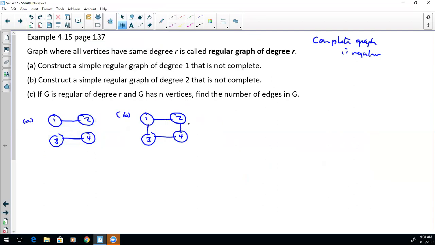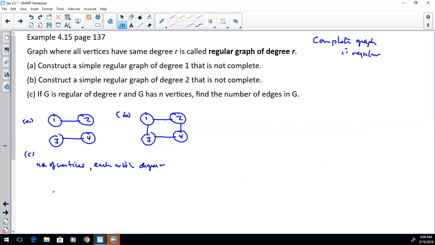Now finally, part C is if G is a regular graph of degree R and G has n number of vertices, find the number of edges. So n number of vertices, each with degree r.